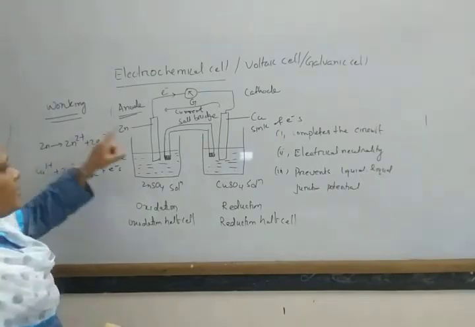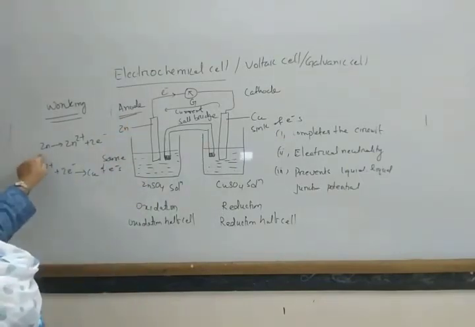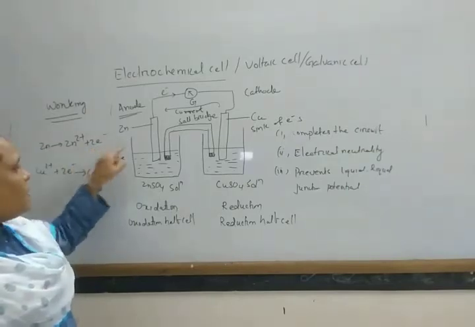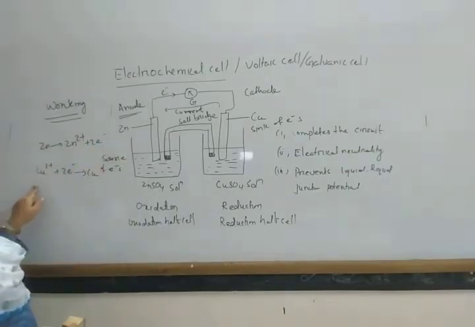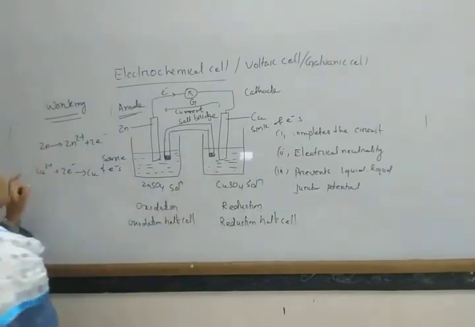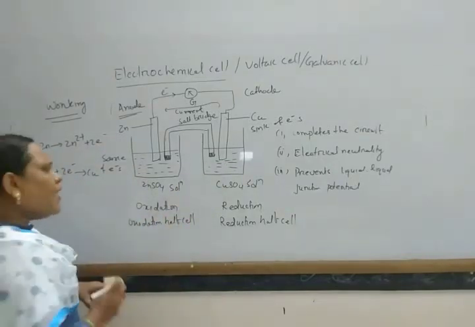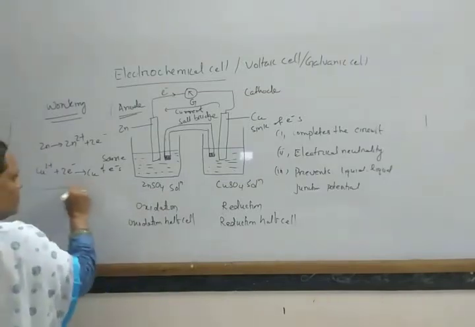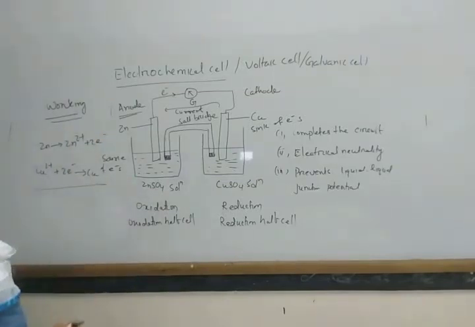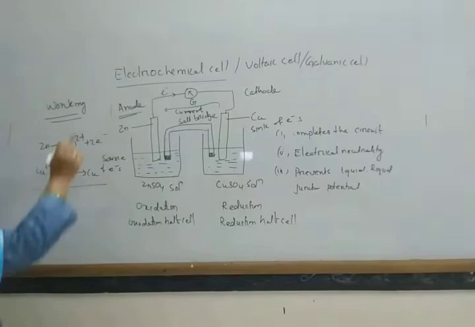So what is the general reaction? Zinc gives Zn2+ plus 2 electrons, and copper ion plus 2 electrons gives copper. Let us discuss the general cell reaction.